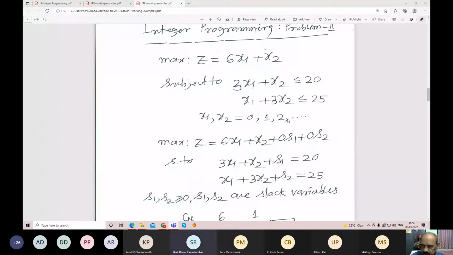Sir, 38. 38 is the correct answer. So what is the value of x1? x1 equals 6, x2 is 2. Yes, it is 38.